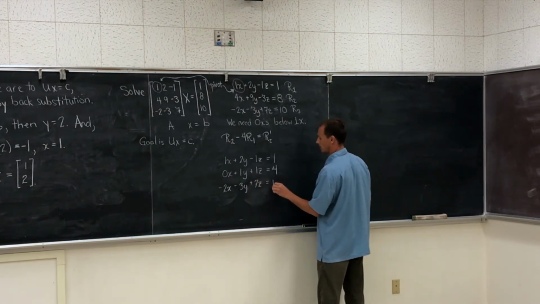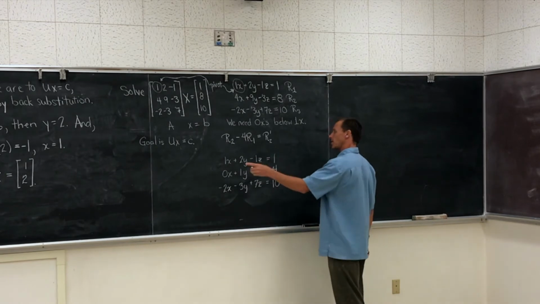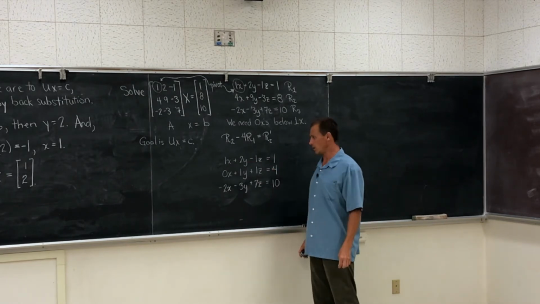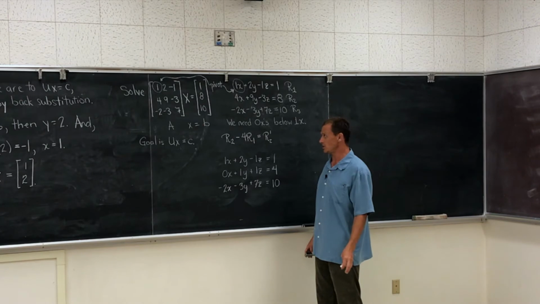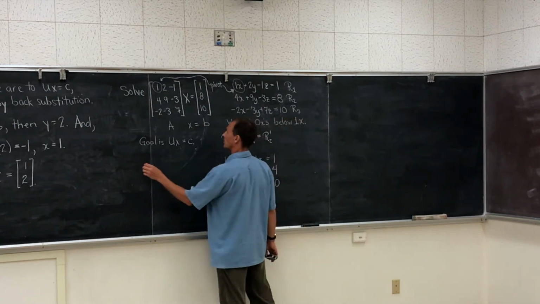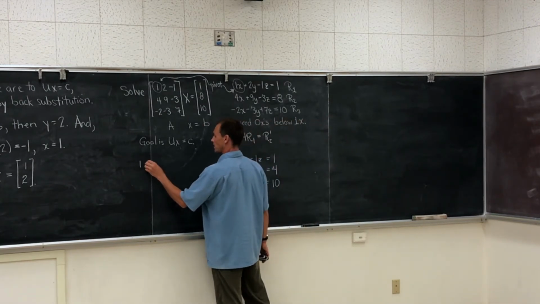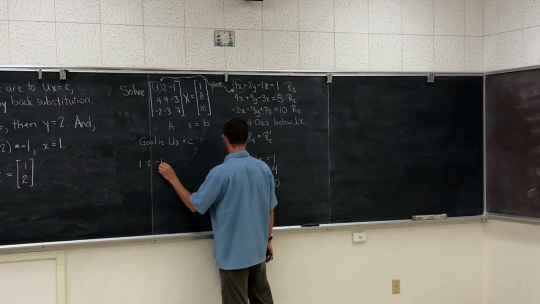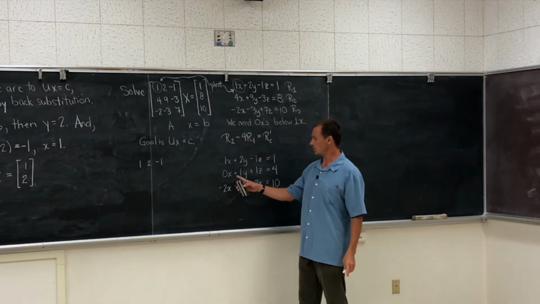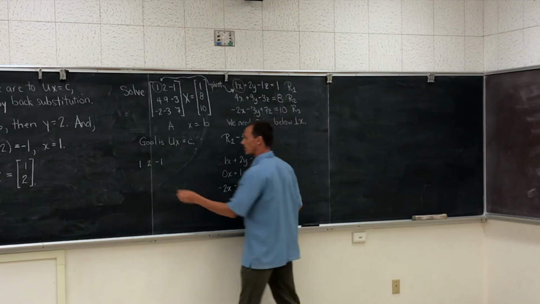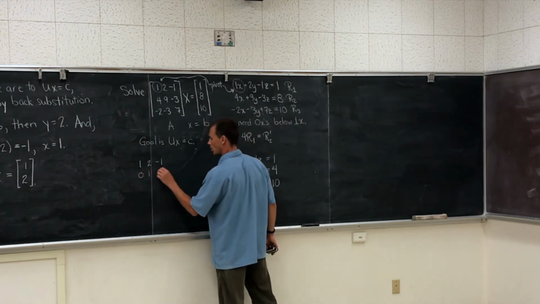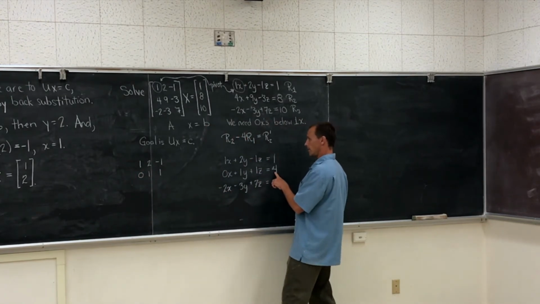And I'm going to come over here and write that matrix equation as well so we can see what's changing as we go. So that's the matrix equation of 1, 2, minus 1. The row 2 is what changed. We have 0, 1, 1, and then a 4 on the other side.